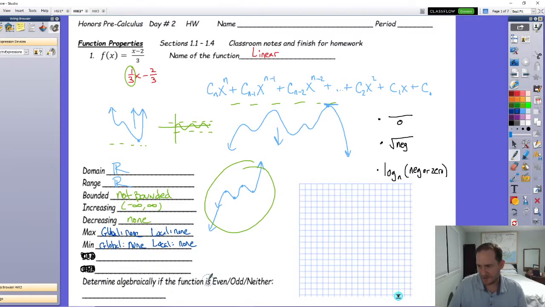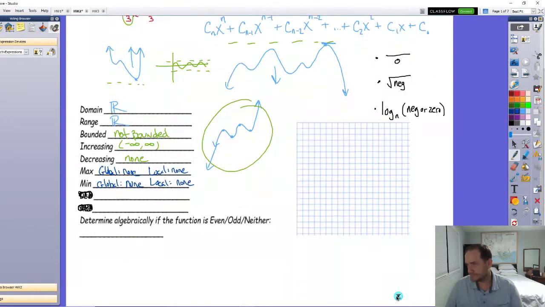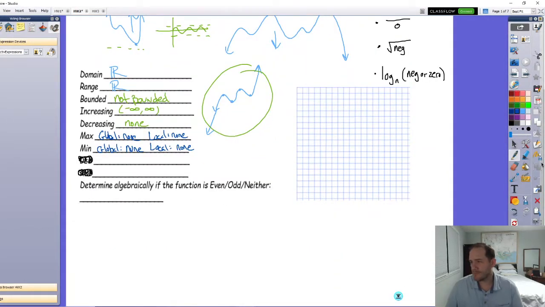Determine algebraically if we're even, odd, or neither. Sure. So that's f of x. So we know that if f of negative x comes out to be the exact same thing, if it's still just 1/3 x plus 2/3, then we'll be even.